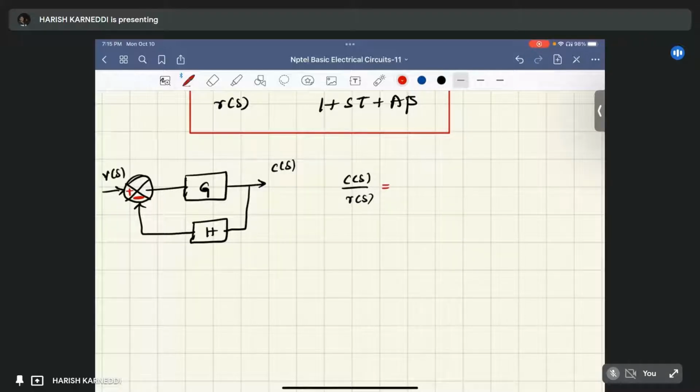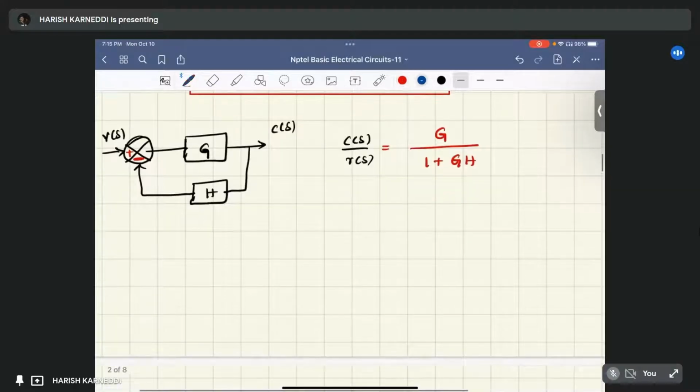The closed loop gain will be G by 1 plus GH. If it is positive, then it is a positive feedback system, and C of S by R of S will be G by 1 minus GH. These are the generalized formulas to calculate the closed loop gain of a feedback system.